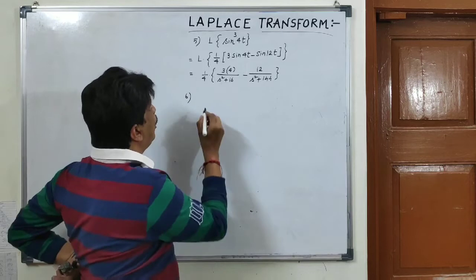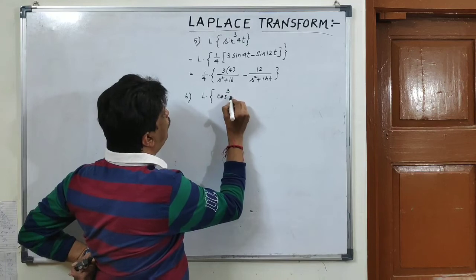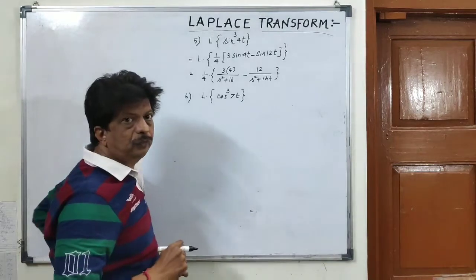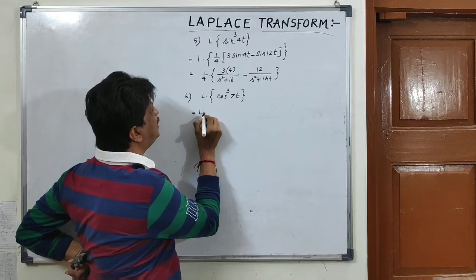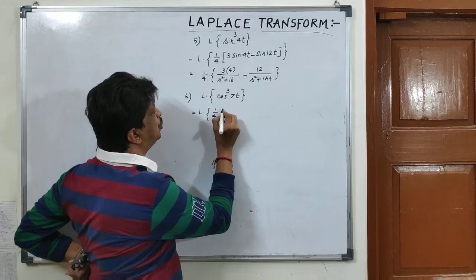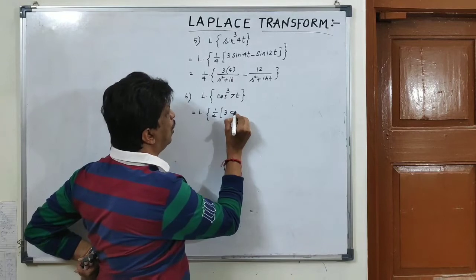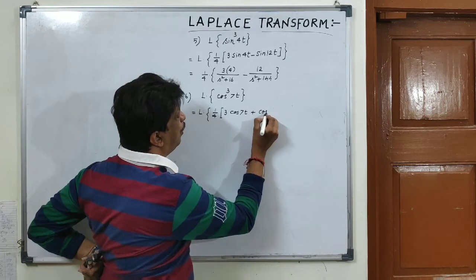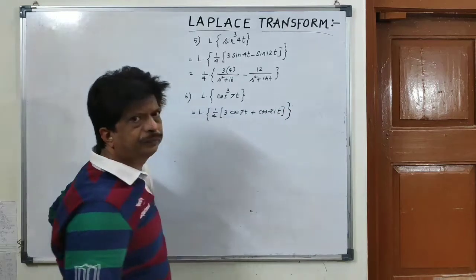Six. Obtain the Laplace transform of cos cube of 7t. Cos cube of 7t can be expressed trigonometrically as 1 by 4 times 3 cos of 7t plus cos of 21t.